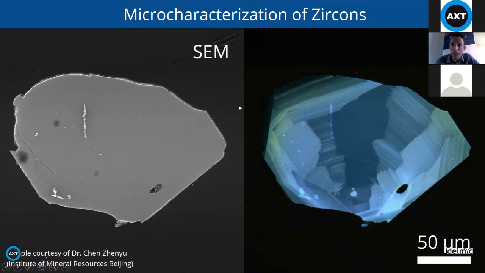And this is maybe one of the most well-known examples of cathodoluminescence in geology. It's the use for zircon imaging, and zircons are obviously very important for radiometric dating of rocks, and they have a strong zonation pattern always, or almost always, which is not really possible to see in SEM, as you can see here.